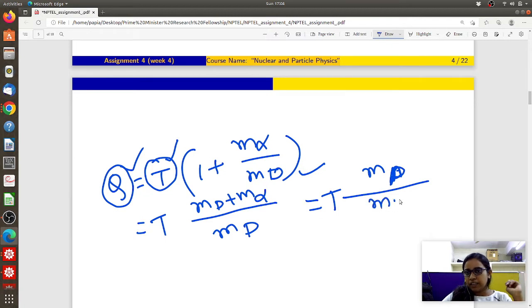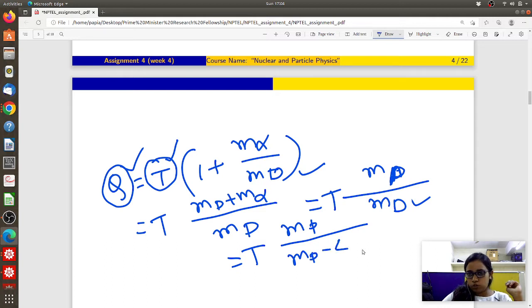So MD plus M alpha equals MP, which means MD will be MP minus M alpha, and M alpha is 4. So we can write MD as MP minus 4.